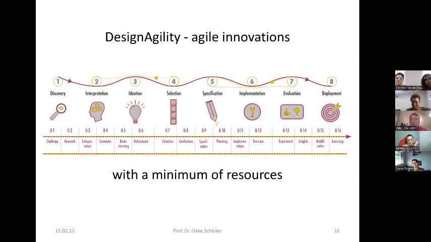We create prototypes to get feedback and to have a first trial and assessment whether our ideas are on the right way, whether they are valuable enough, interesting enough to our target audience. So what we do, in one word, is gather insights, right?